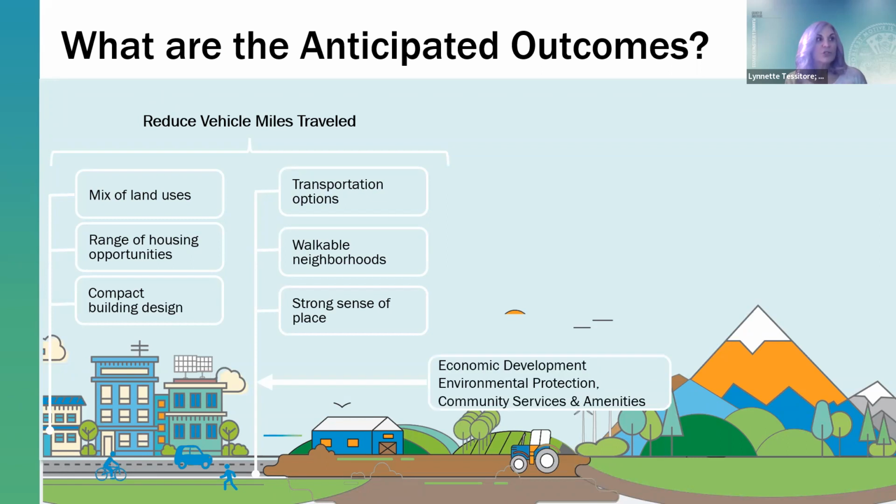In the county, our general plan recognizes that community plans play a critical role in addressing the needs of specific communities within our unincorporated areas. They provide an opportunity for us to increase local community participation in planning and decision-making.